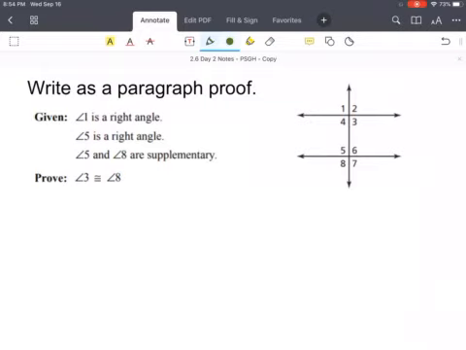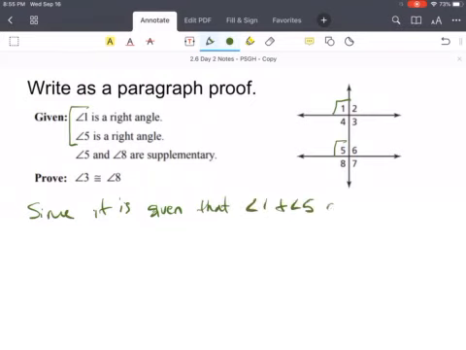Looking at the next one, looking at right angles here. So again, starting off with what I know first, I know that these two angles are both going to be right angles. So I will start off there since it is given that angles 1 and angle 5 are right angles.